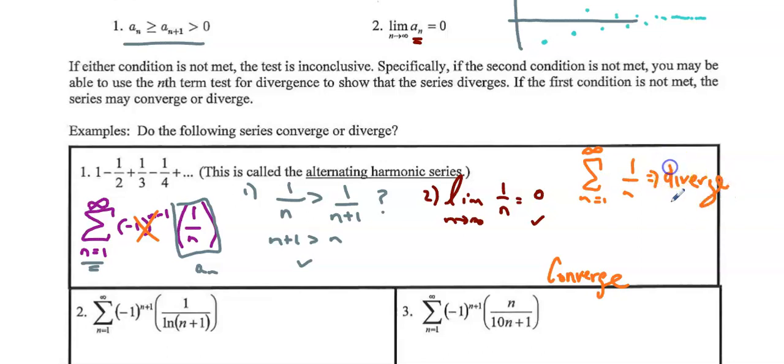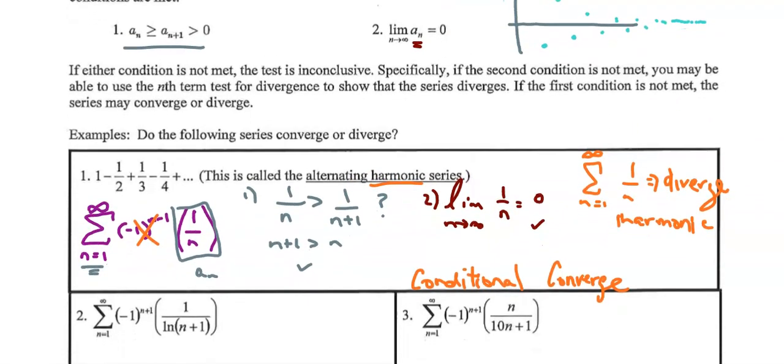We know it's going to diverge because you guys are familiar with this. This is a harmonic series. So since this diverges on its own, but when I start flipping the signs, it's actually going to converge, we call this a conditionally convergent problem.